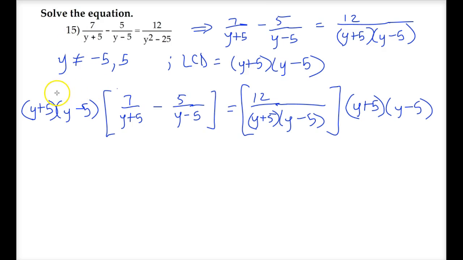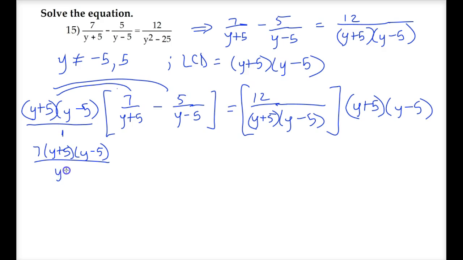When we distribute this to both terms, I'm going to write this out the long way just to make sure that you can see it. So when we multiply all this together, remember that this is the same as this over 1. So we will have 7 times y plus 5 times y minus 5 all over y plus 5, okay?